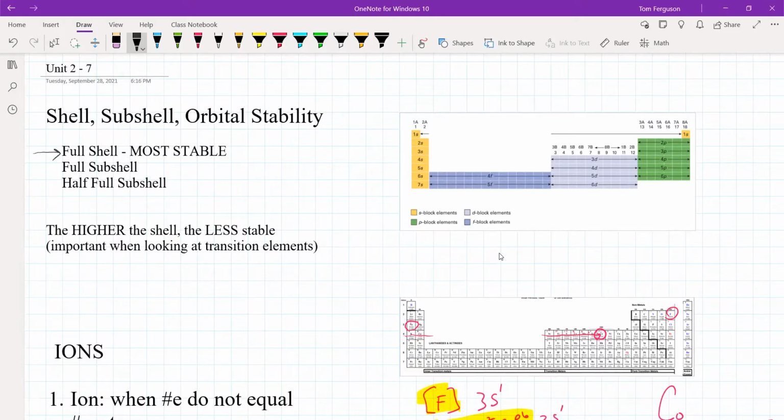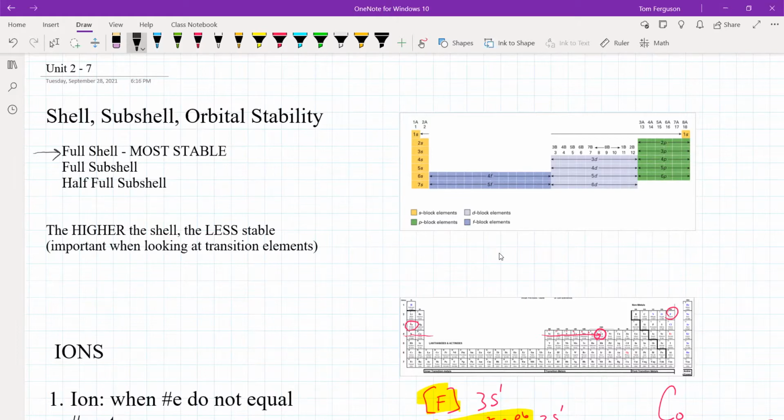When I say a shell, it's shell 1, 2, 3, 4, all the way up to 7. If all those are full, then those are very stable. If they're not full, then they're less stable. The next one down is a subshell. If a subshell is full, that's stable. Not as stable as a shell, but definitely stable.